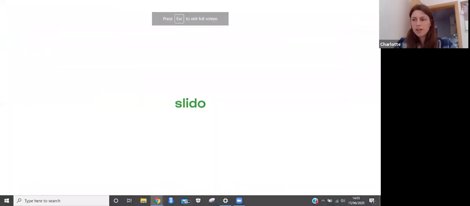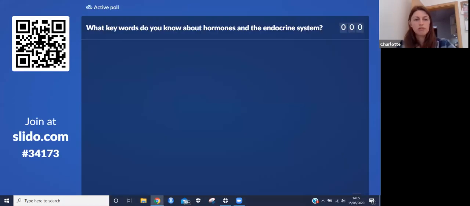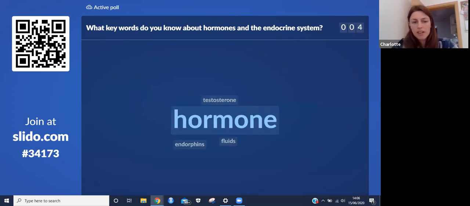If you open that link on your browsers, or use your phones and the QR code here, that should allow you to answer the question: what keywords do you know about hormones and the endocrine system? Just pop down any keywords that you know about hormones, how they work in the body, what they're to do with, what they might control, anything that you can think of, in the word cloud, and we'll get a good idea of what we all understand about hormones so far.